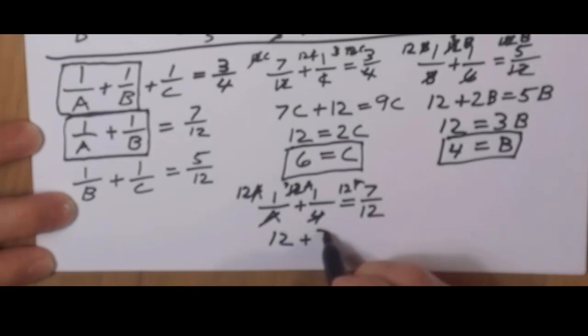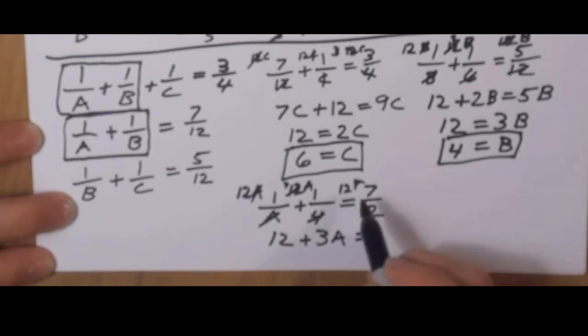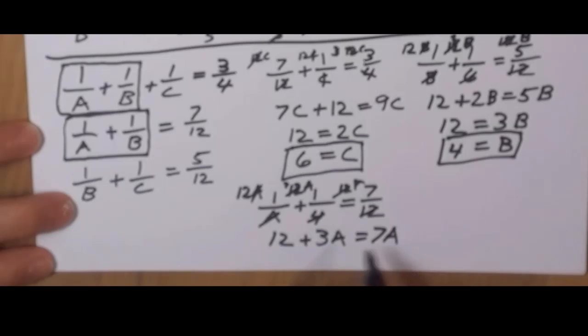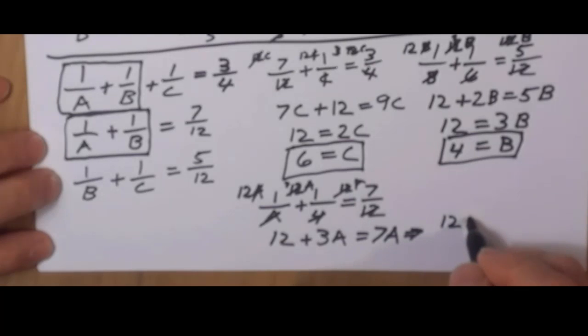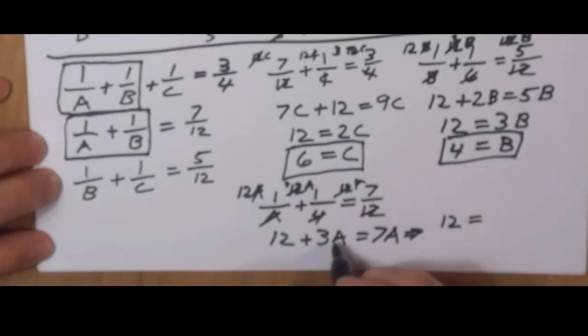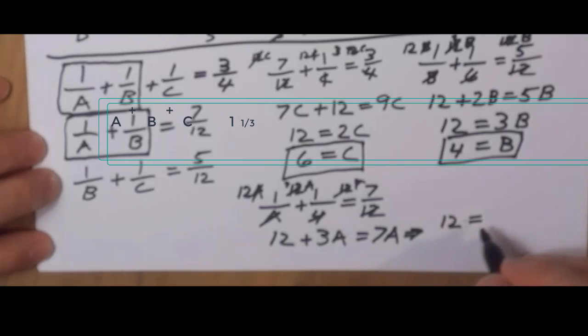So 3a equals, 12 cancels out, we're left with a 7a. Now we subtract 3a from both sides. We'll go over here and say subtract 3a from both sides, and then we'll have 12 equals 7 minus 3 is 4, so 4a.